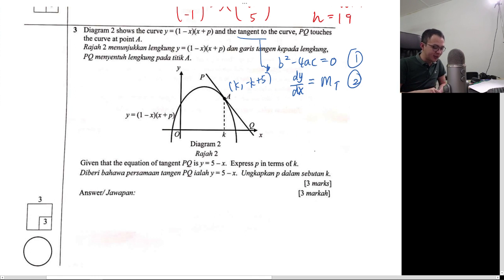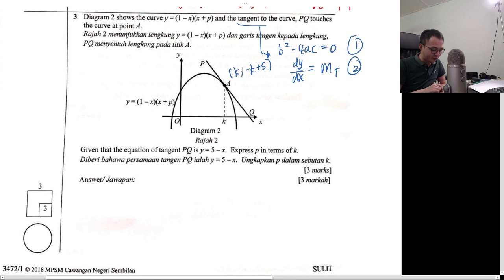Alright, so since I have this information, I want to form the equation. I make this equation first. This one is x plus p minus x squared minus px. So if I simplify, it should be -x squared plus x minus px.